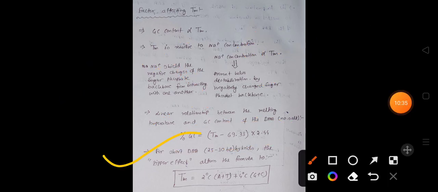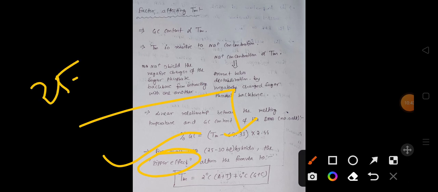Now here is another important formula, that is the zipper effect formula, applicable for short DNA of 25 to 30 nucleotides, that is Tm is equal to 2.2 degrees centigrade into (A plus T) plus 4 degrees centigrade into (G plus C).